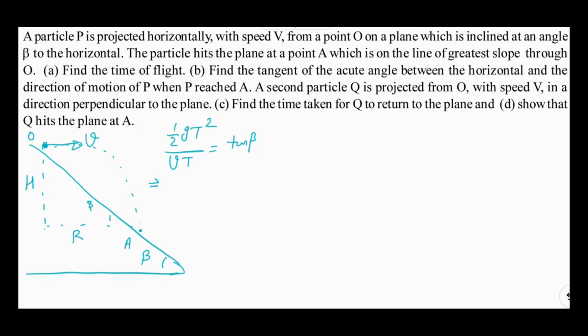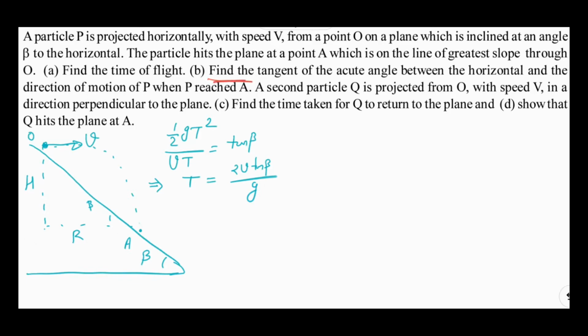So by solving this, we can easily get the time of flight. T square in the numerator and t in the denominator, so a single t will remain, and we will get 2v tan beta by g. So this is going to be the time of flight.